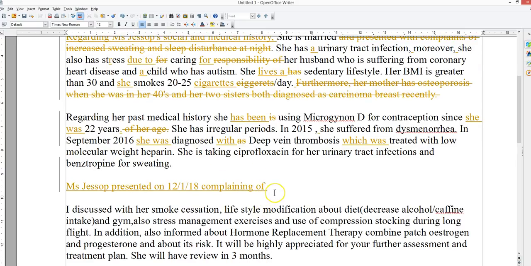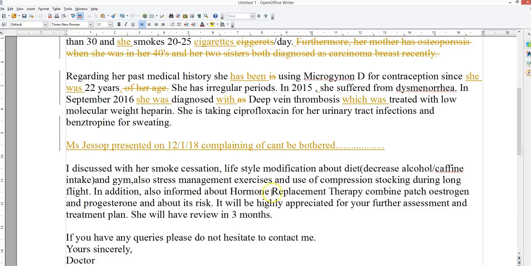So Miss Jessop presented complaining of, I can't be bothered to type it out, but you can read from the notes. Sweating, blah, blah, blah. Okay. So what did you do then?